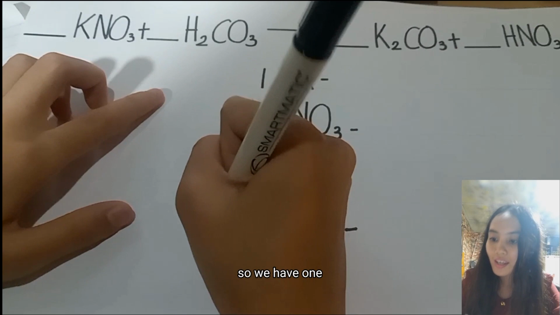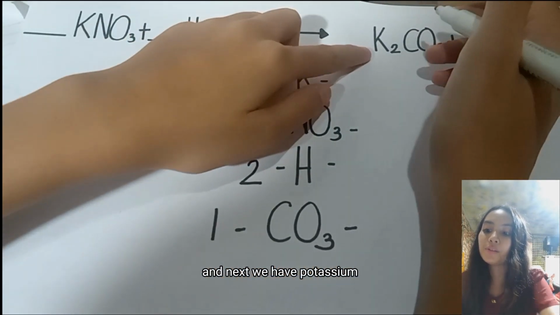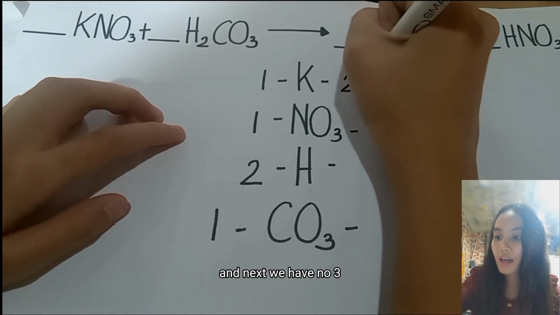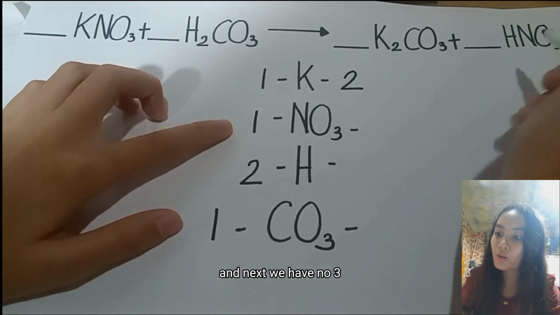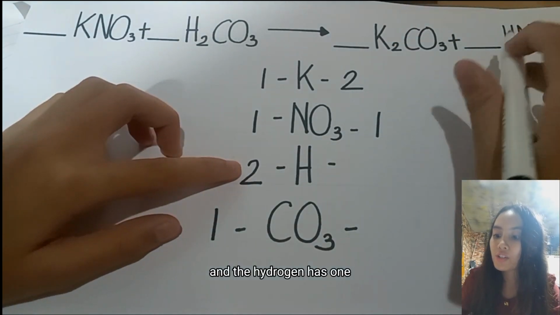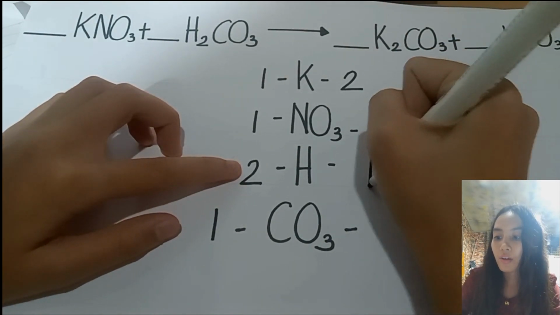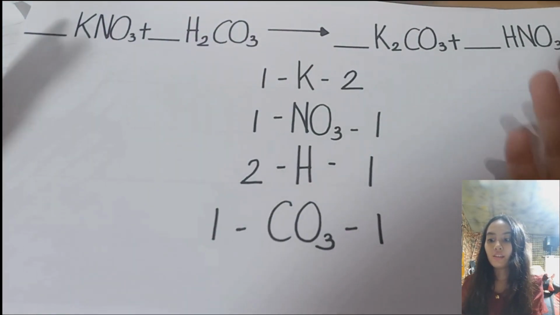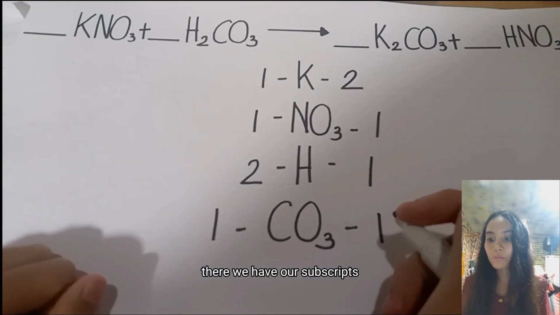So we have 1. And next we have potassium. In the product side, we have 2. And next we have NO3, nitrate, has 1. And the hydrogen has 1. The carbonate has 1. There we have our subscripts.